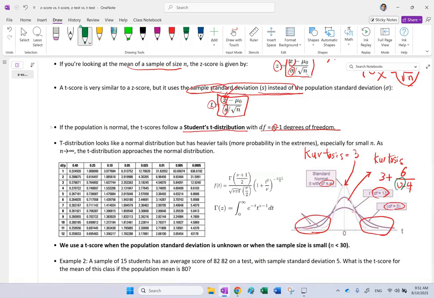That's the same as this df. And you see that as this degree of freedom gets bigger and bigger, because the sample size is getting bigger and bigger, ultimately the t distribution kurtosis becomes the same as the normal distribution kurtosis, but the t distribution always has a bigger kurtosis than the normal one.